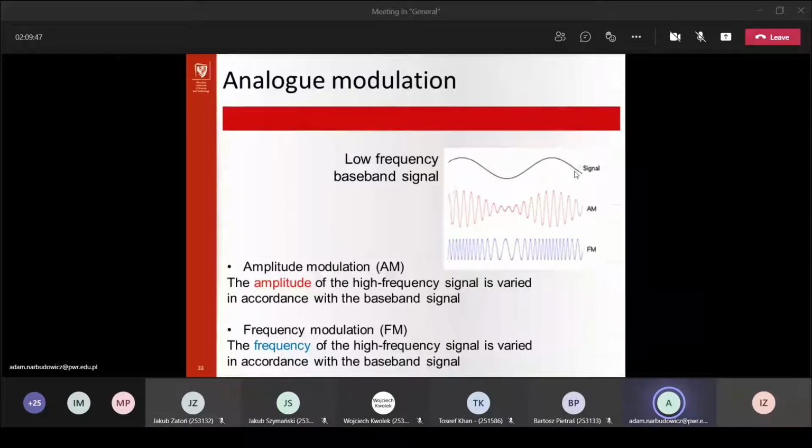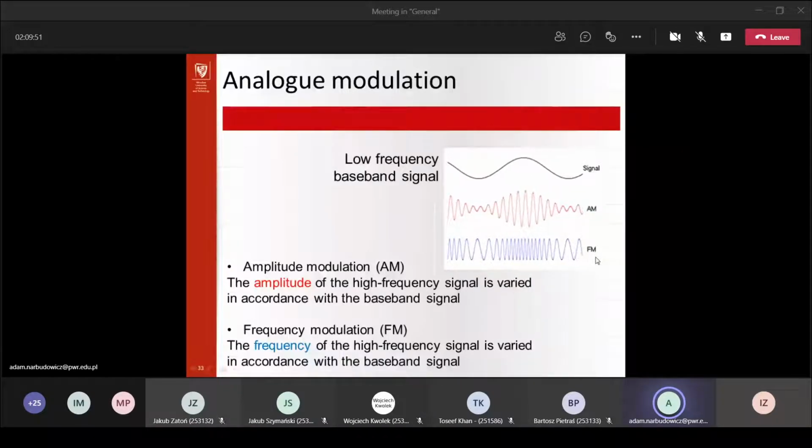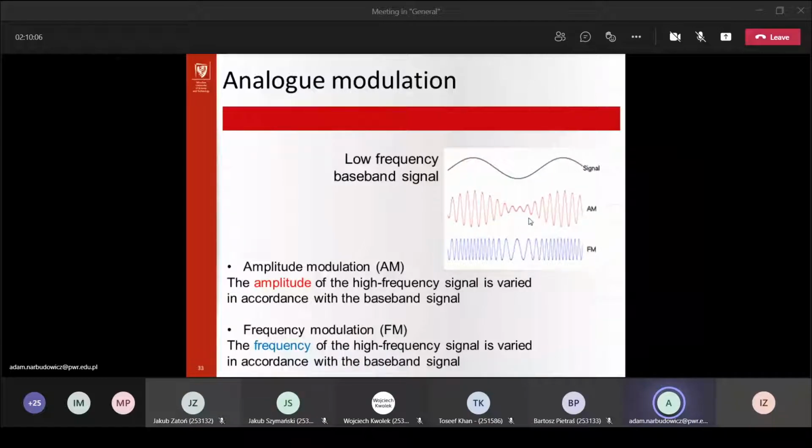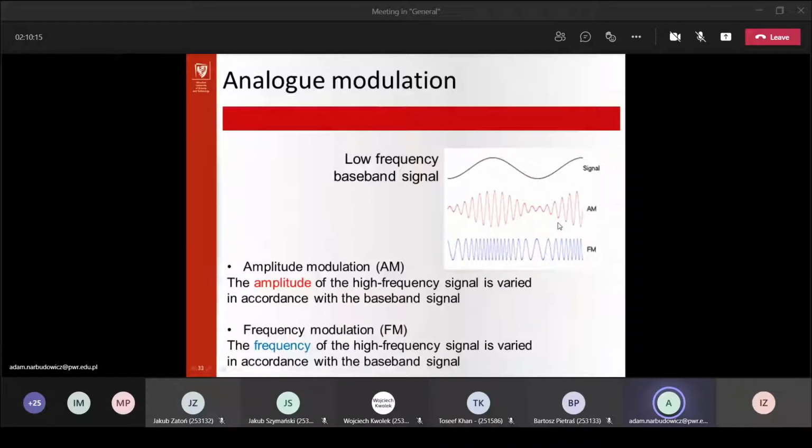It doesn't mean that the FM signal is immune to noise, so you can still misinterpret your communication. But this is true: if you have the lower amplitude, you might get problems with noise, or more importantly, not each portion is subjected to the same. So this is true.